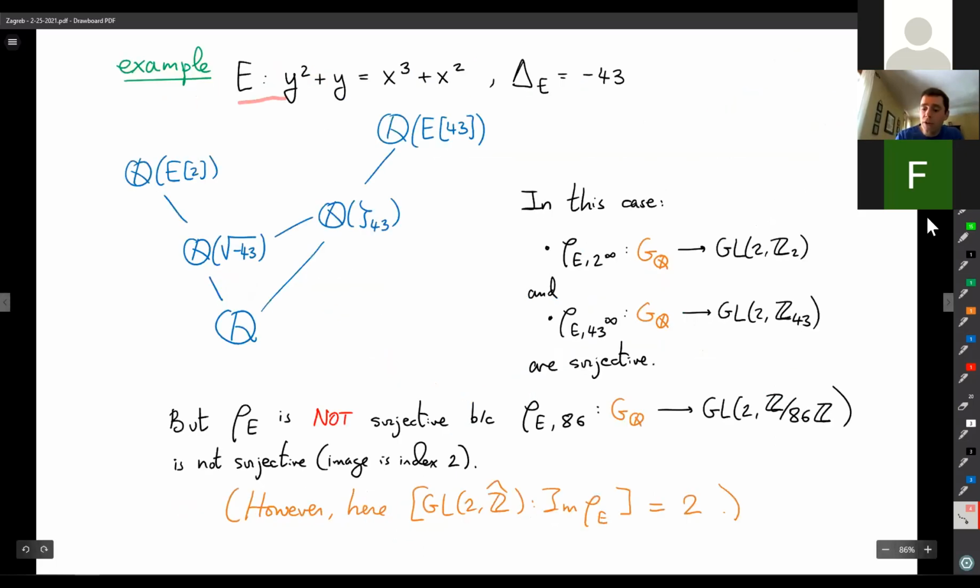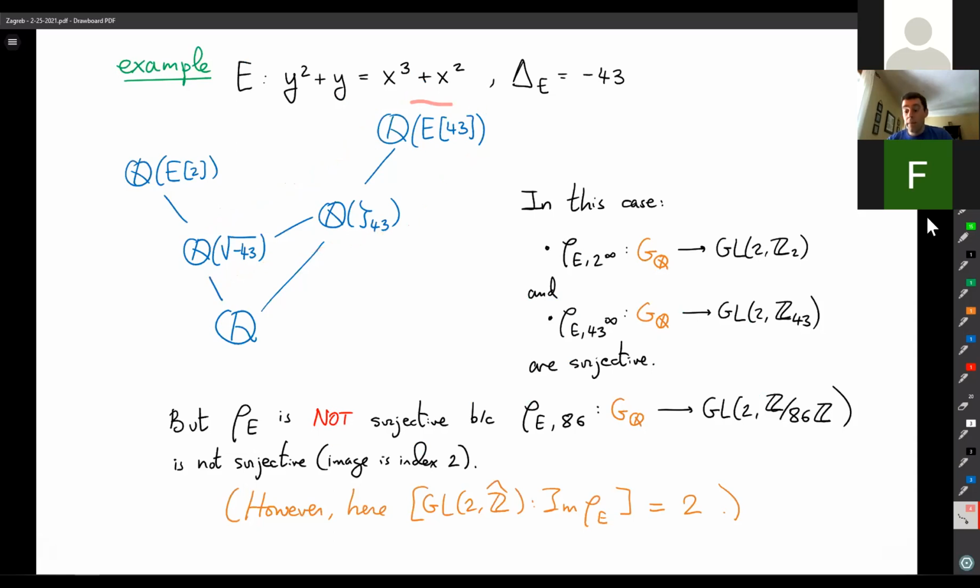If you have the elliptic curve y squared plus y equals x cubed plus x squared, the discriminant is minus 43. So the square root of minus 43 is in the 2-torsion field, but it is also the quadratic field inside the 43rd cyclotomic extension of Q, and that is inside the 43rd division field.